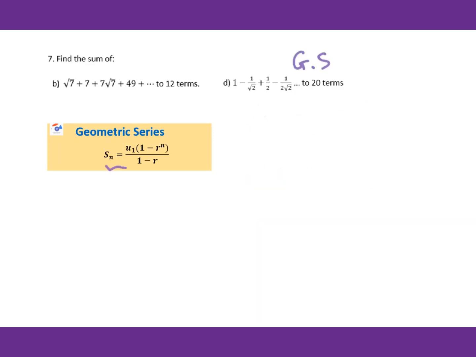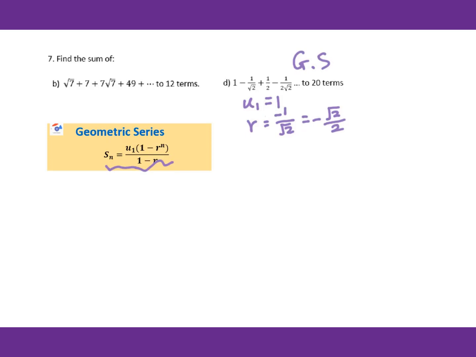Then we can use this formula. U sub 1 equals 1. R equals negative 1 over square root of 2, which is negative square root of 2 over 2.